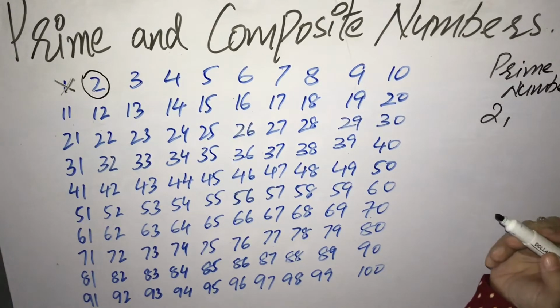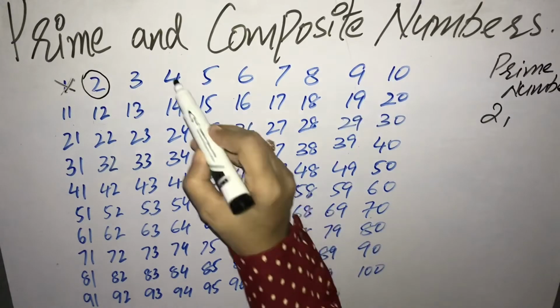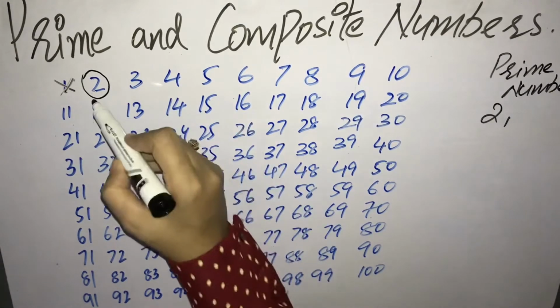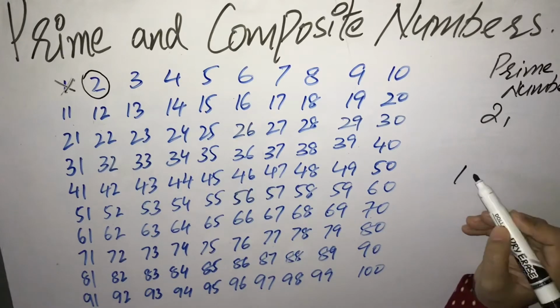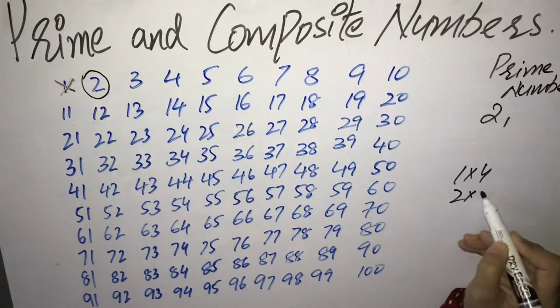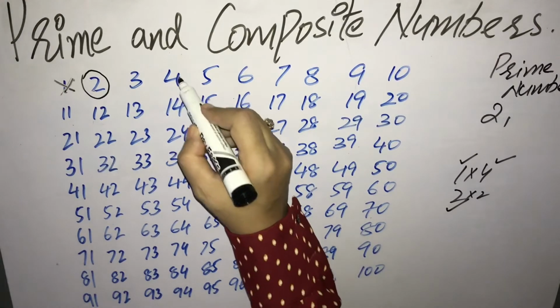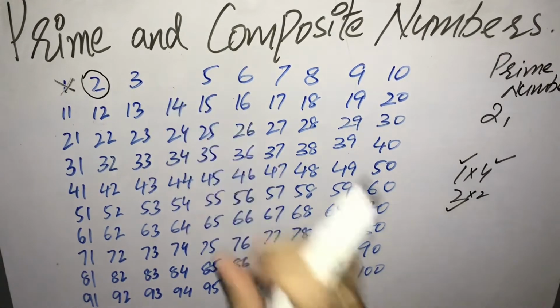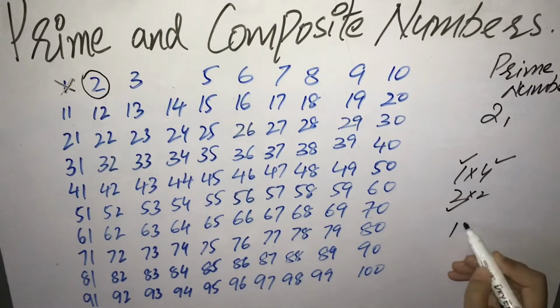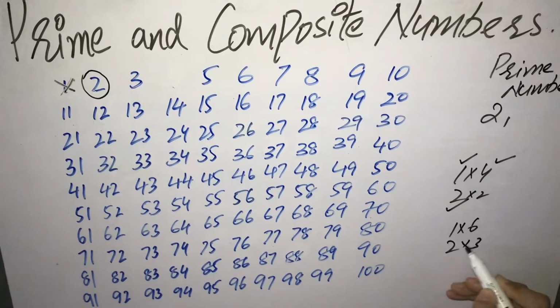All the multiples of 2 are composite, as 4 has another factor, that is 2. So 4 has more than two factors, 1 into 4, 2 into 2. So it has three factors, 1, 4 and 2. So I am going to erase 4. Similarly 6, 1 into 6, 2 into 3, it has 4 factors.